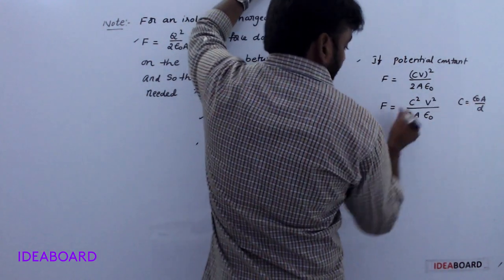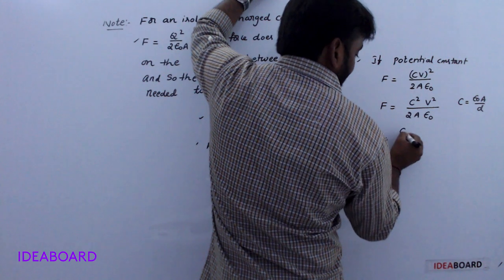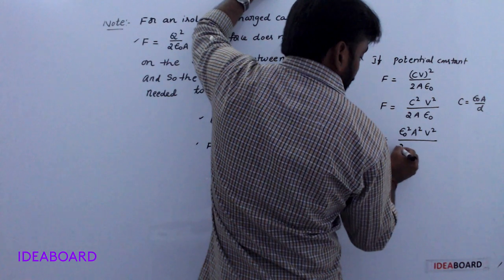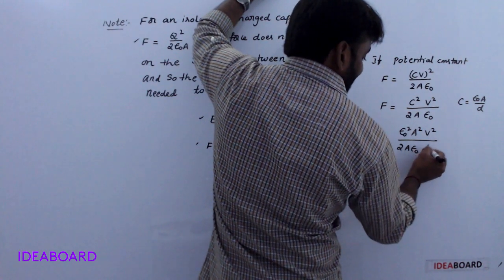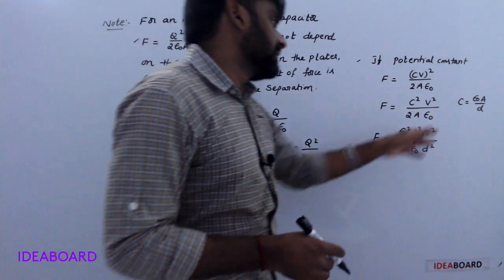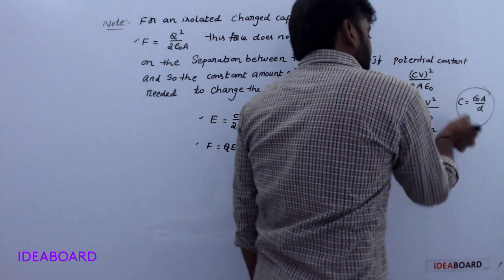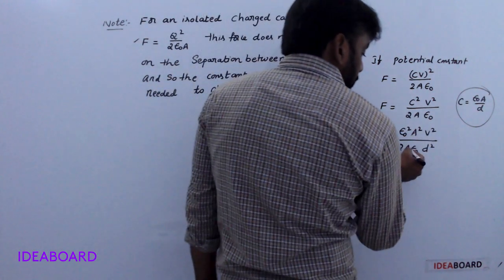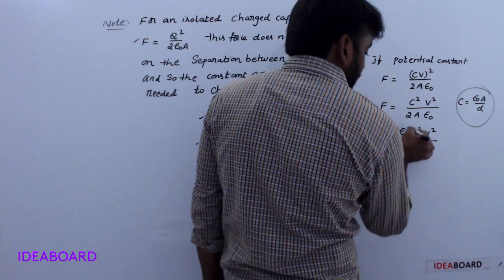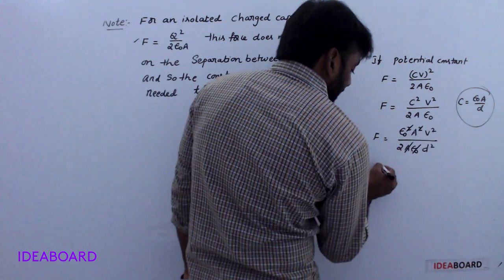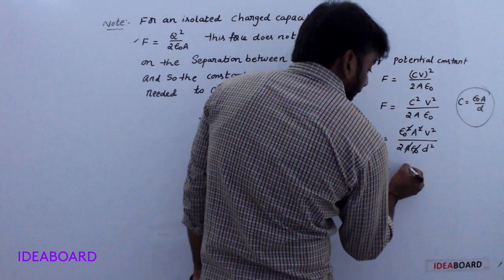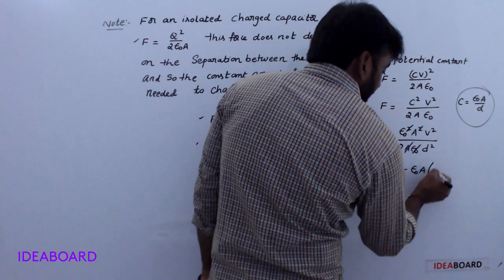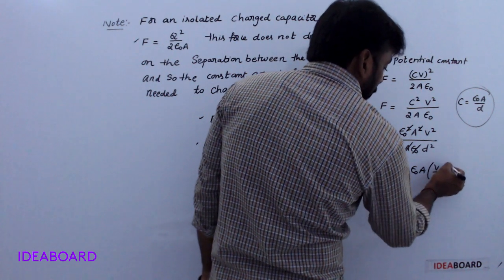Substituting here, F is equal to epsilon naught square A square V square by 2A epsilon naught d square. Cancelling, F is equal to half epsilon naught A into (V by d) whole square.